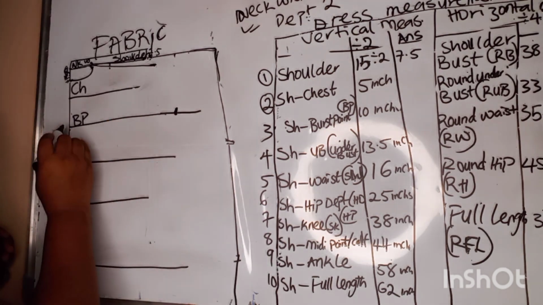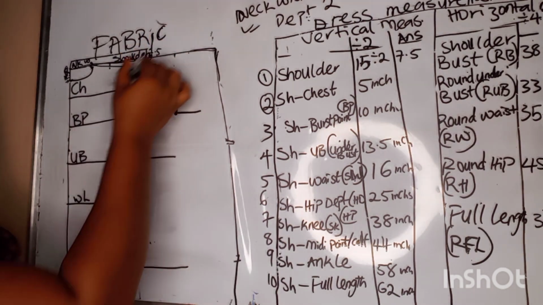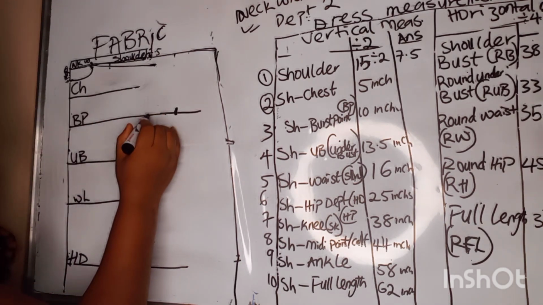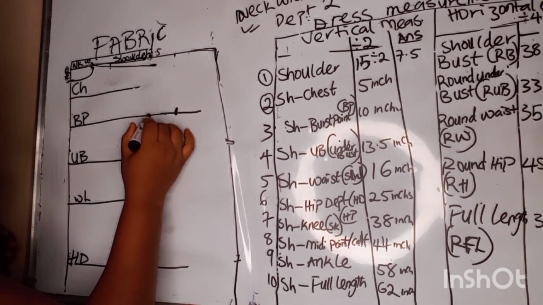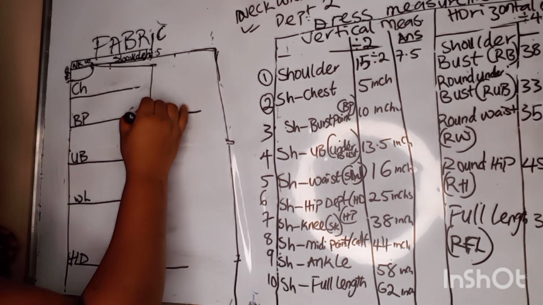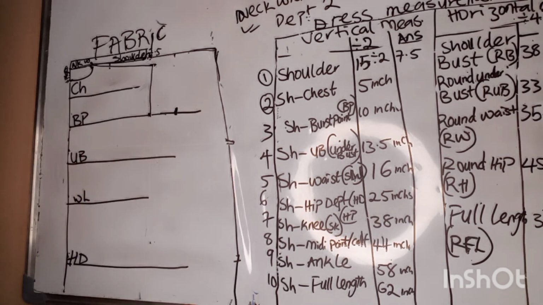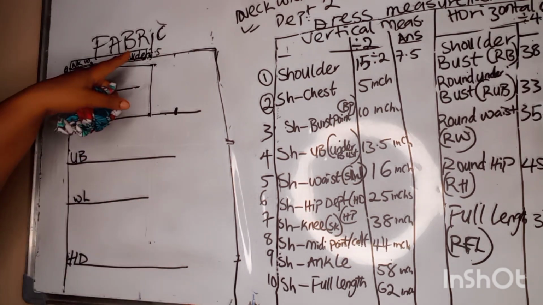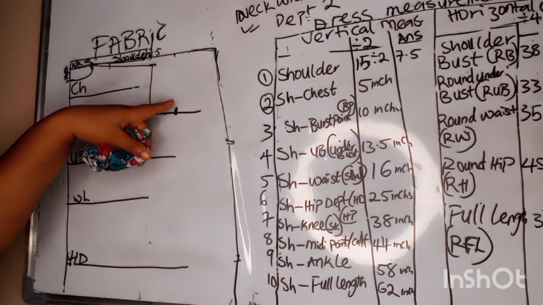So what you do is measure your shoulder measurement divided by 2, again on your bust point line or your chest point line. Once you do that, you come here and you register where the 7.5 is. Connect it with a straight line like so, and that is going to give you your armhole straight line, because you need the straight line before you can think of a curved line.